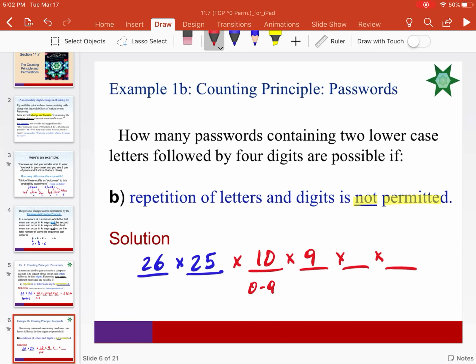So I've got my 2 letters, all right, followed by my 4 digits. All right, so one at a time here. I've got 5 vowels and repetition of letters and digits is not permitted. So my second letter, I only have how many choices? 4, that's right.